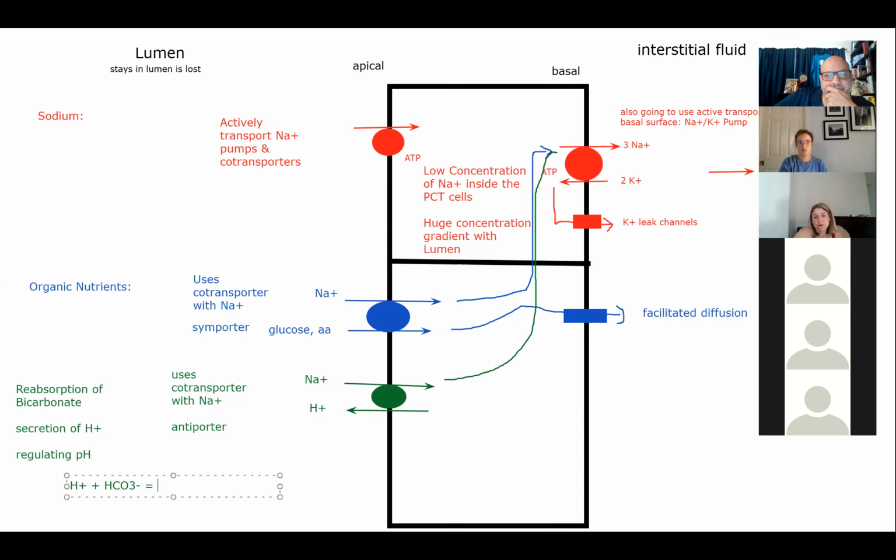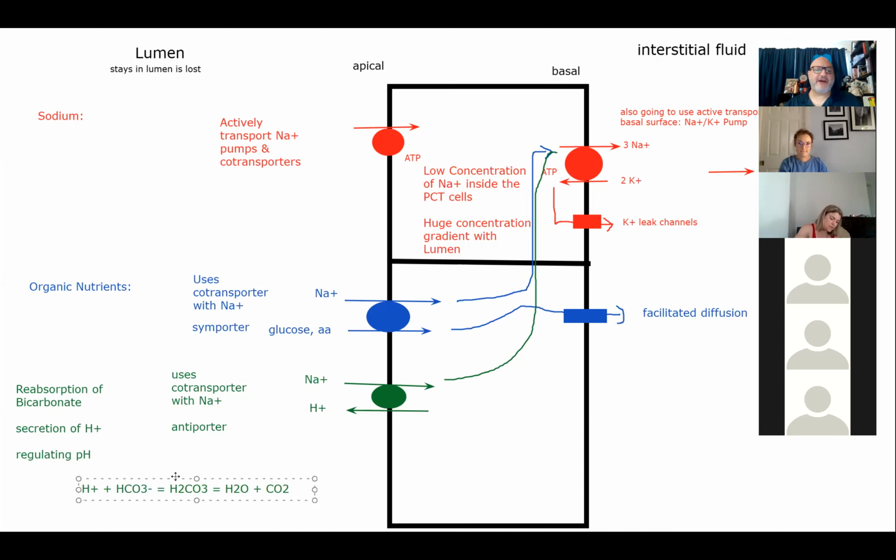Breaks down into water and CO2. Yeah, absolutely. You're right. There is an intermediate step. Remember, the two come together to form carbonic acid. But you are absolutely correct. That carbonic acid can then dissociate into water and carbon dioxide.